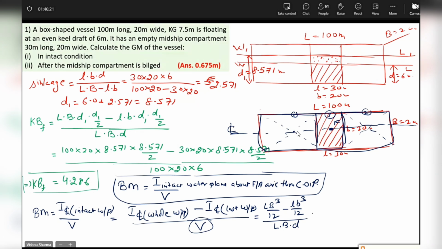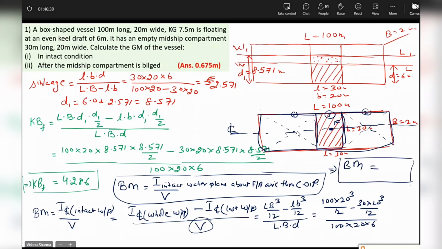Now I just put the values: 100 into 20 cube by 12 minus 30 into 20 cube by 12, upon 100 into 20 into 6, and you will calculate the BM of the vessel. Now you'll pick up the calculator and just do it. No more further simplification.